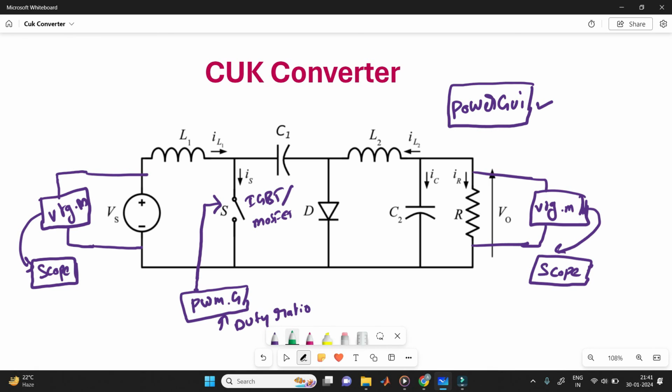To design the Chuk converter, along with the input voltage, we need to give the inductor and capacitor values to run the circuit. Now let's see the mathematical modeling of this Chuk converter for finding the inductor and capacitor values. First of all, I am taking the input voltage as 10 volts and assuming the output voltage as minus 15 volts.